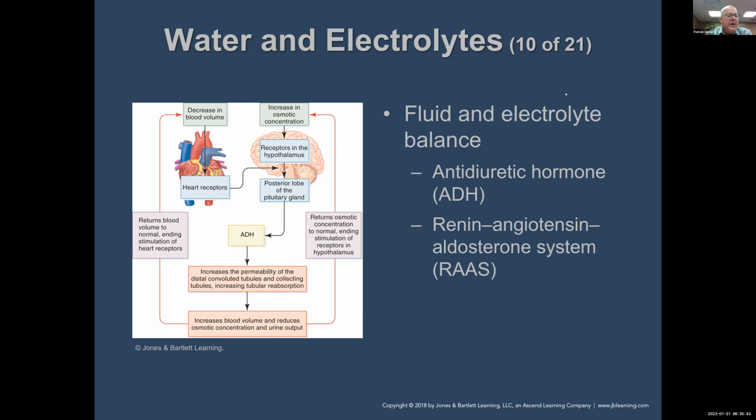So on the other side, fluid balance is created if there is a drop in blood volume or blood pressure, right? And so we have alpha receptors in the heart, and they will sense the need for increased blood volume.